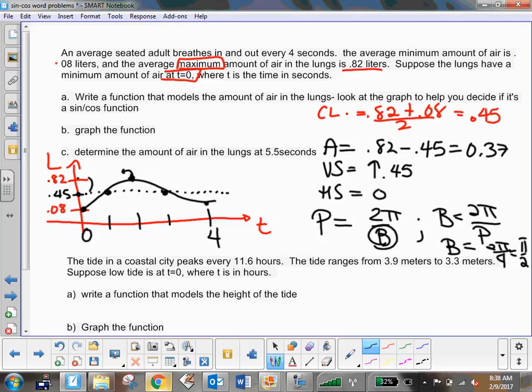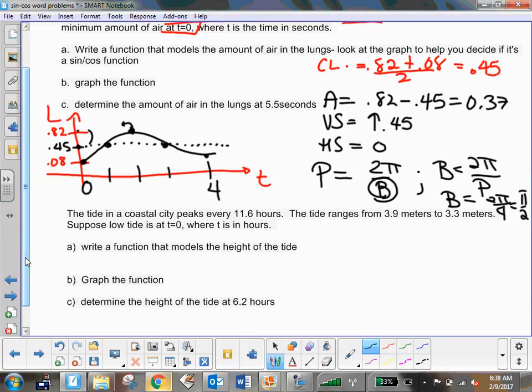Okay. So we're going to write this as a cosine curve. So y equals, and it's negative because we're dipping down to begin with, yes? And our amplitude is 0.37, cosine. What are we using for our b? Pi over 2. Am I shifting this at all left and right?